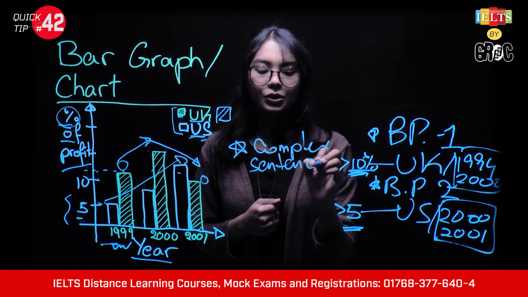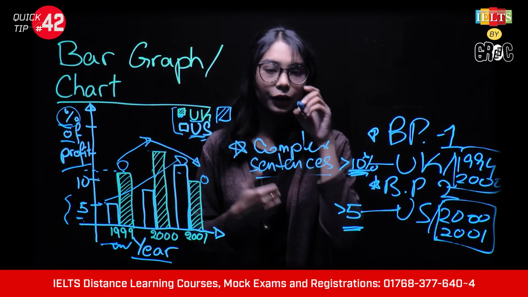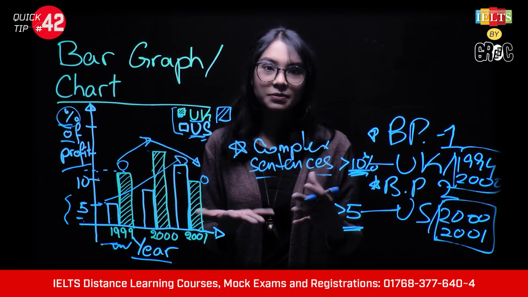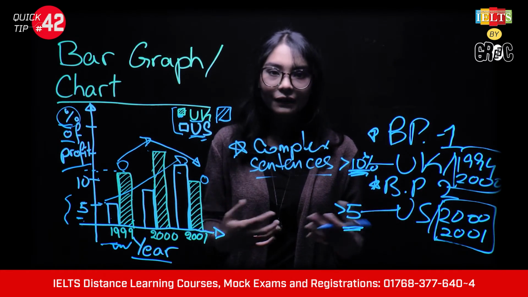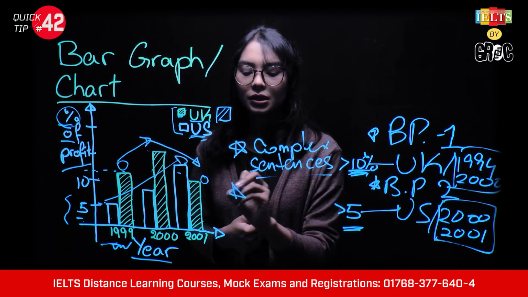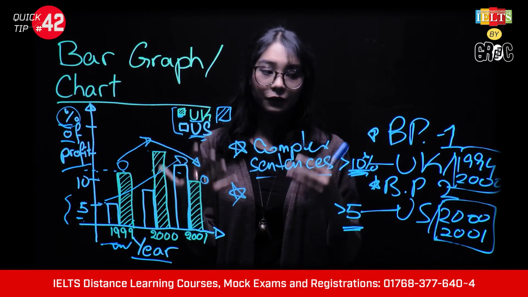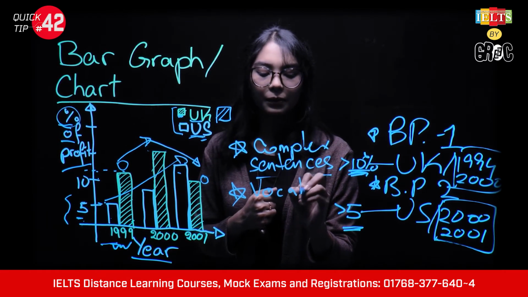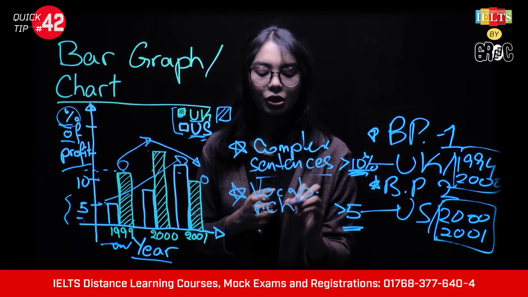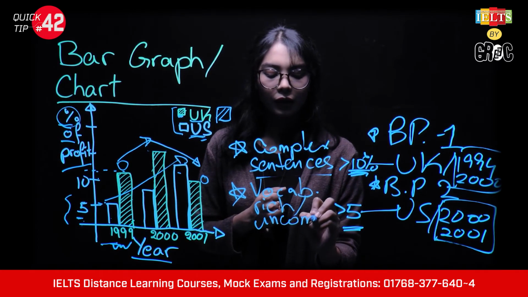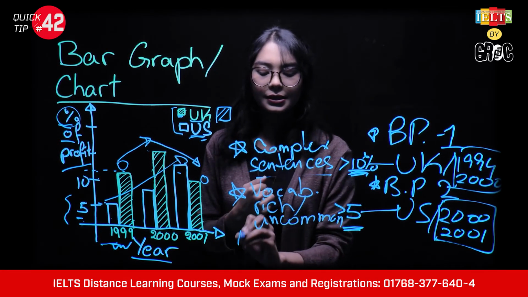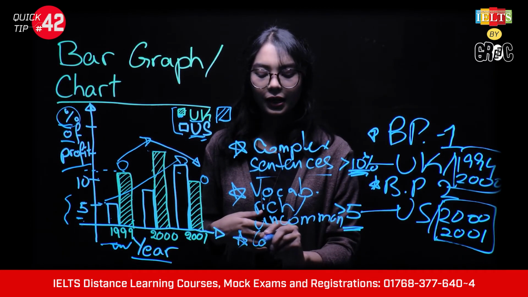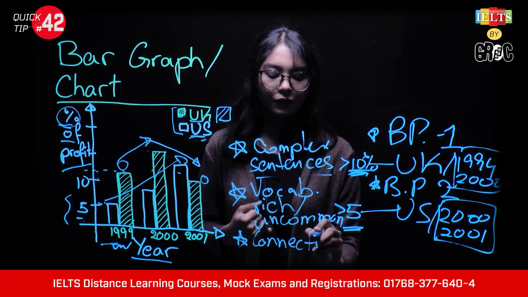And for getting even more marks, you can use a few tricks, which is firstly, use complex sentences. Okay, so with complex sentences you can get a higher band, because if you don't use enough complex sentences, your possibility of getting 7 or above 7 will be very less. And to give even more power to your passage, try to use some different vocabulary. So it could be rich, it could be uncommon, and obviously, other than this, linking words, linking devices, connecting words, connectives, these are also very important.